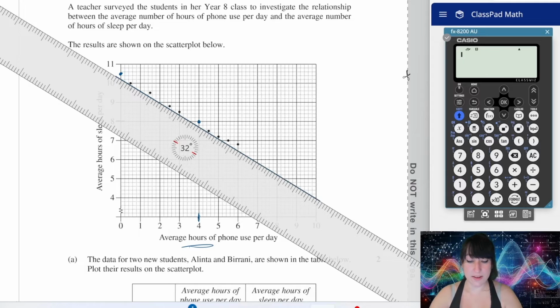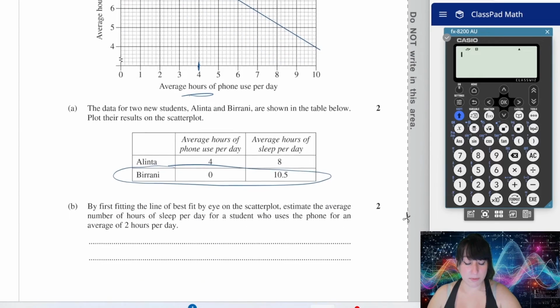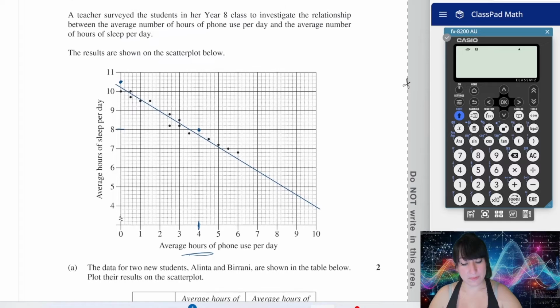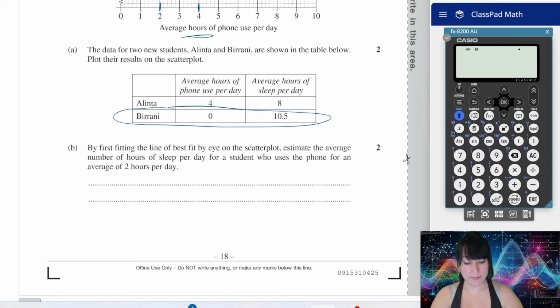Around here is probably good. And then we can use it to estimate sleep for using the phone an average of 2 hours a day. So horizontal axis, phone use, go to 2. And then let's go up to the line, which is about here. And I would estimate that to be about 9 hours of sleep per day.